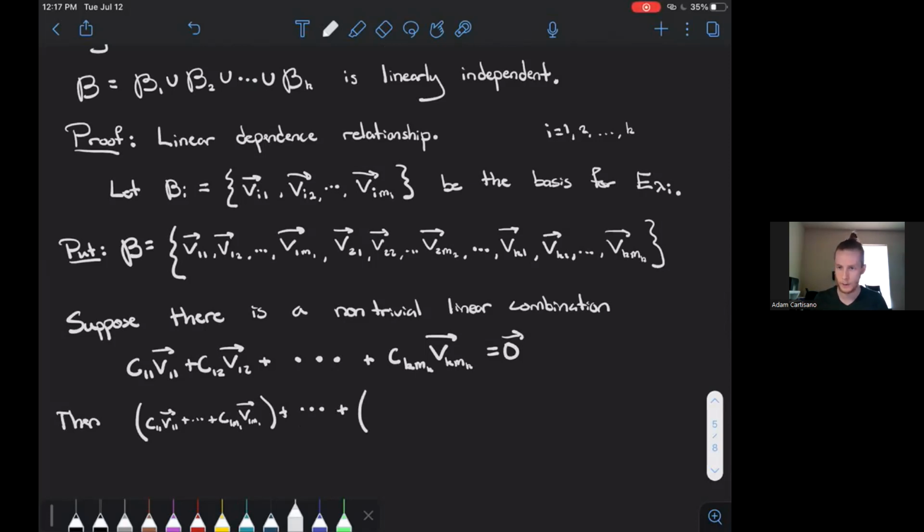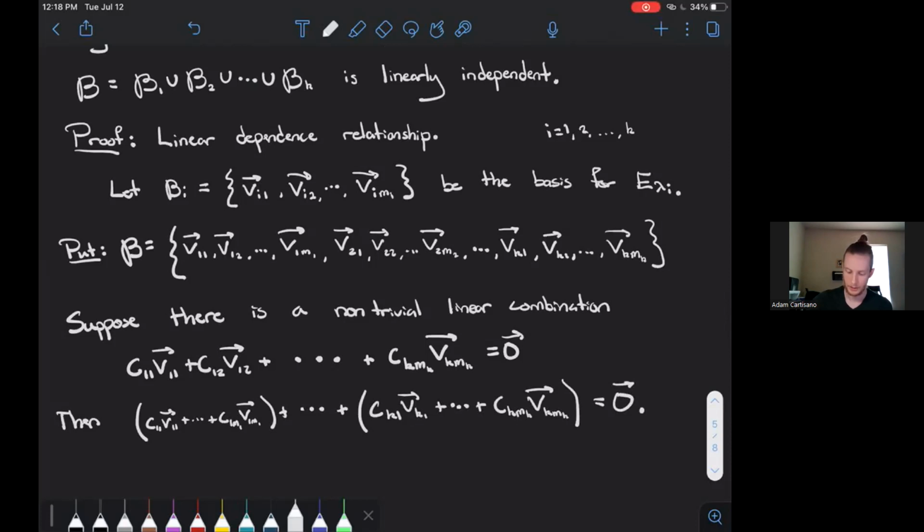In other words, collect all the ones whose first index is 1 and put them inside parentheses. And then for first index being equal to 2, put them inside parentheses. And I'll show you why we're doing this in just a second. So CK1 VK1 plus all the way up to the last one, CKMK VKMK. Same linear combination, I just broke it up with parentheses.